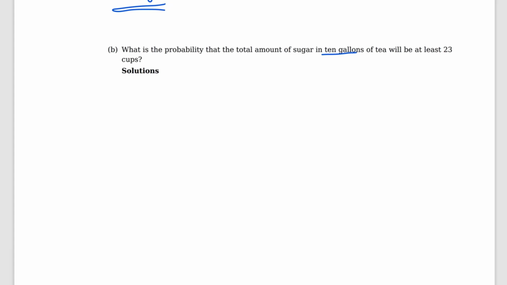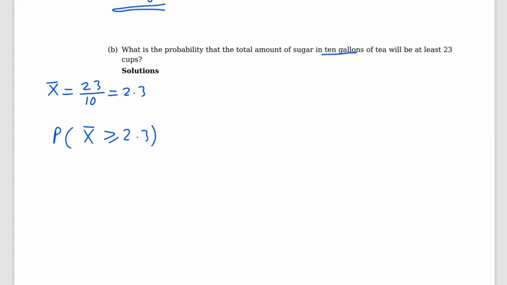So 23 for the 10 gallons, therefore we need to find the x bar equal to 23 for the total divided by 10, because 10 gallons, that is 2.3. That's what they're asking. Now we can write it will be at least this one. Therefore we can write down probability x bar greater than or equal 2.3.